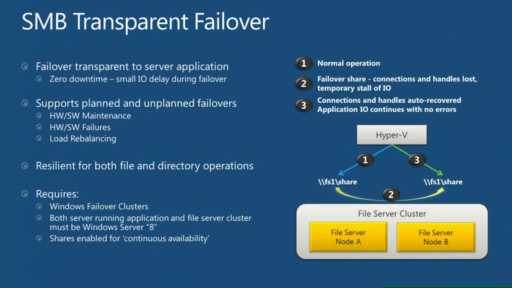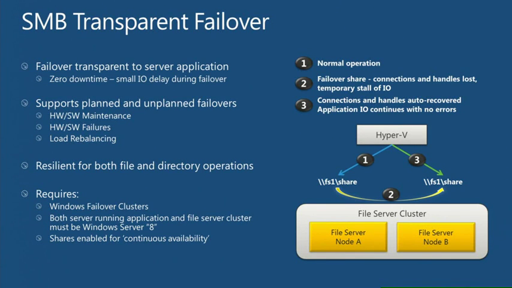So what we did in this release was, instead of asking Hyper-V and SQL and IIS and everyone that can potentially store data in a file share to change their code, we changed our code. So now the SMB protocol itself, the client and the server, when you lose a connection and the server moves to another node, we actually will move state to that node, and the client will transparently connect to the new node.